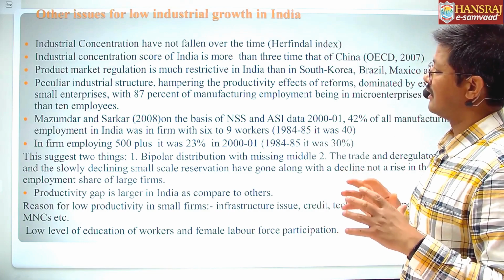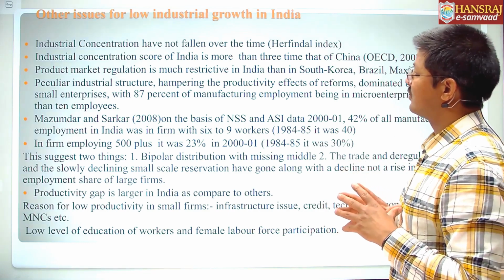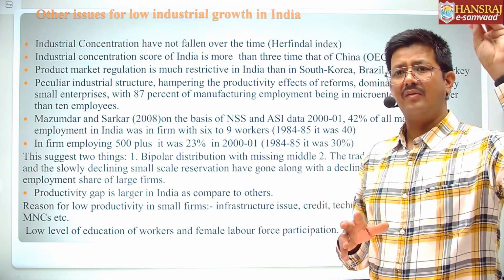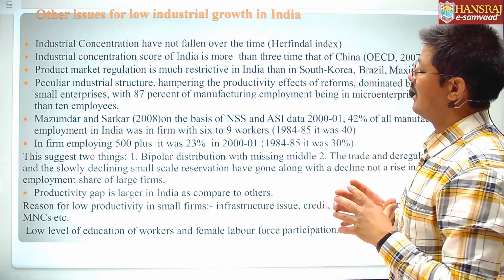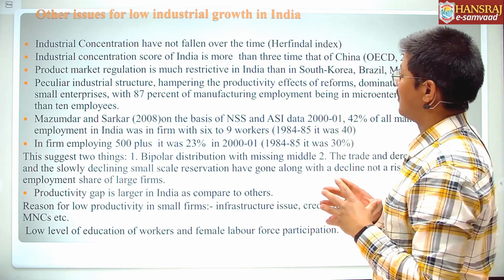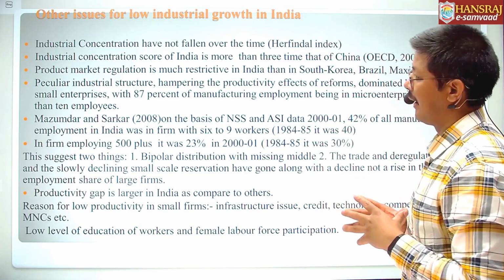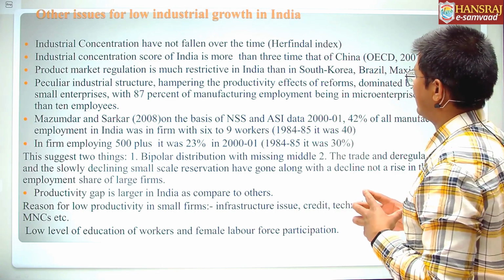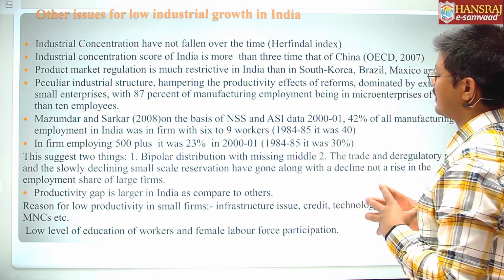That is, industrial concentration has not fallen over time. The industry is concentrated in a few areas, a few regions. The industrial concentration score of India is more than 3 times that of China. Product market regulation is much more restrictive in India than in South Korea, Brazil, Mexico, and Turkey.